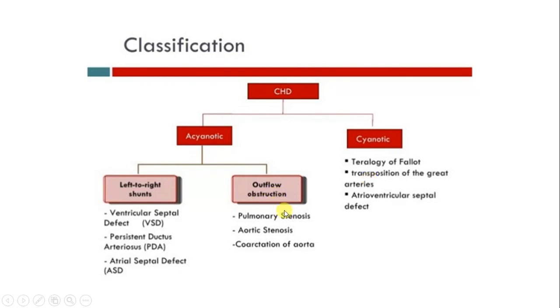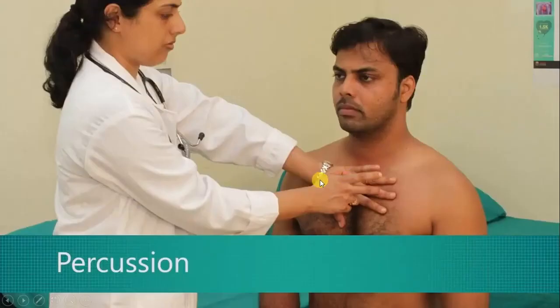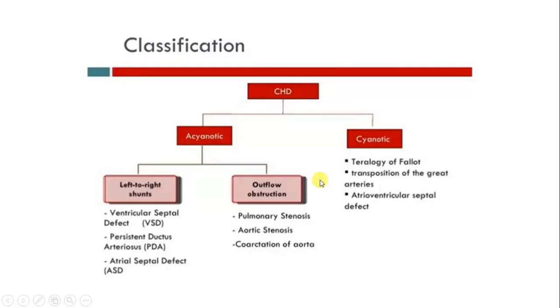Outflow obstruction includes pulmonary stenosis and valvular defects that can develop. Then there are ASD, VSD, and patent ductus arteriosus. Most of these congenital defects are discussed more during the embryological development of the heart and great vessels.